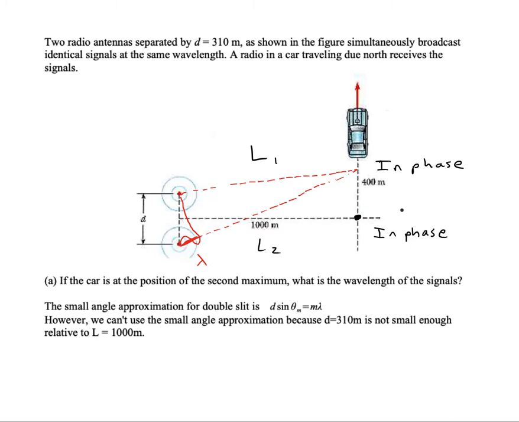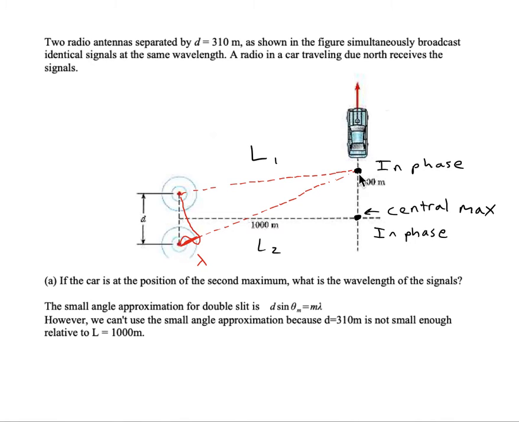This point here is called the central maximum. That's a point where just by symmetry, they're going to line up and they'll be in phase. And when the waves are in phase, we would get the loudest or clearest signal.